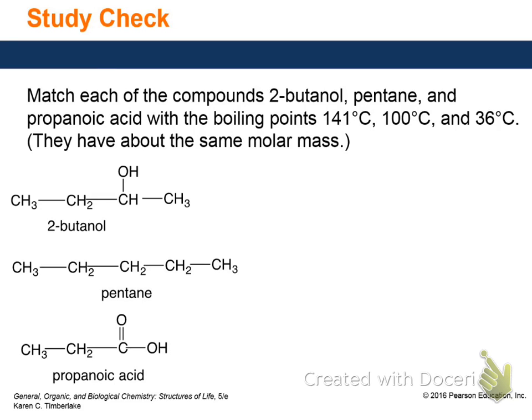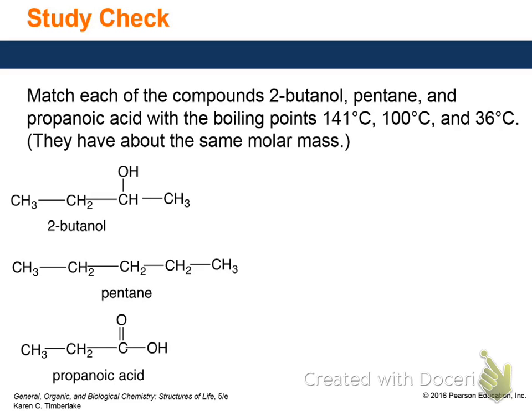Okay, so what we're going to do real quick, we're going to apply some skills. We have 3 boiling points. We have to match them with compounds, and then we're going to say a little bit about why they have the boiling points that they have, okay? So I have 141, 110, and 36.